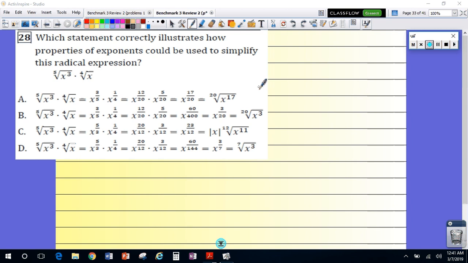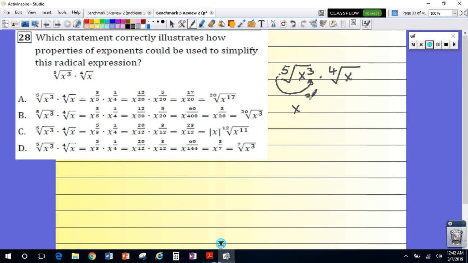Problem number 28. We have 5th root of x cube times 4th root of x. So we write this one as what? We bring down this one as the denominator over here.